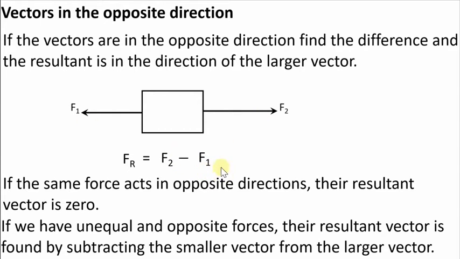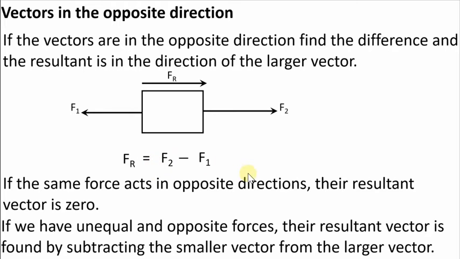Now, the direction of the resultant is in the direction of the larger vector. So the resultant now, is it going to face this direction or that direction? It will be that direction, the direction of the larger force here. So that's where the resultant will face.